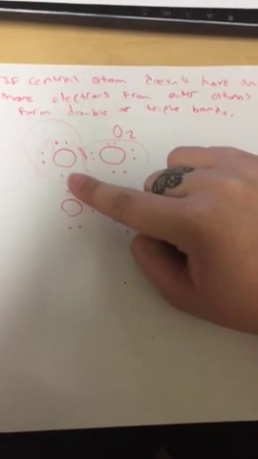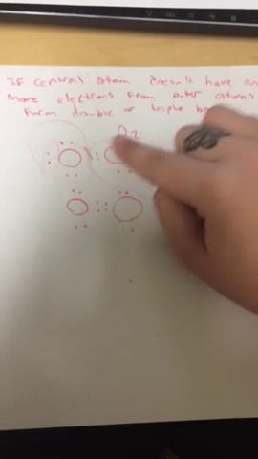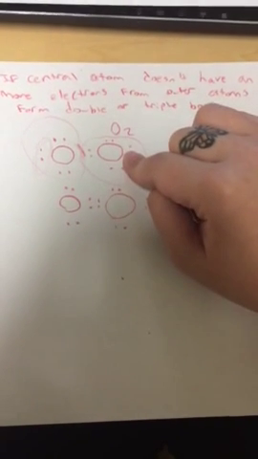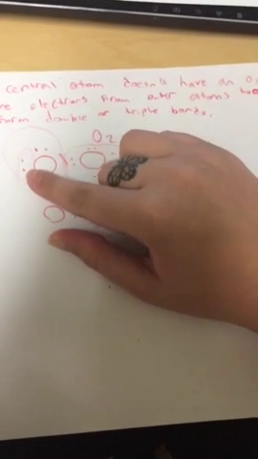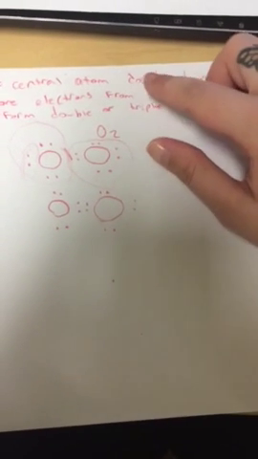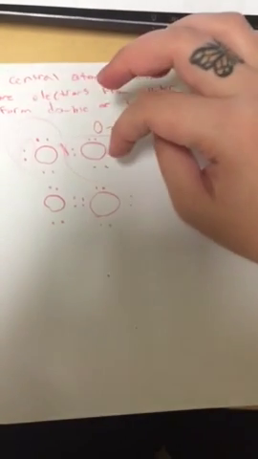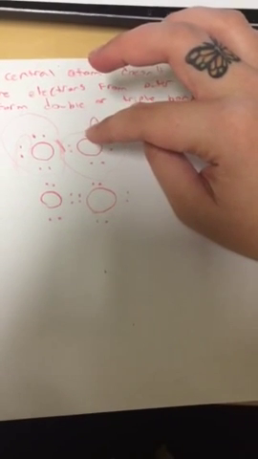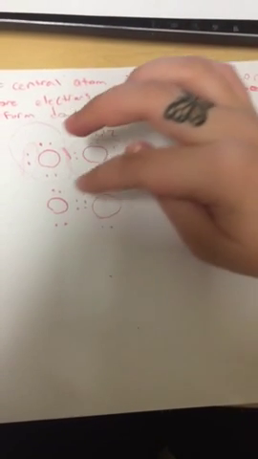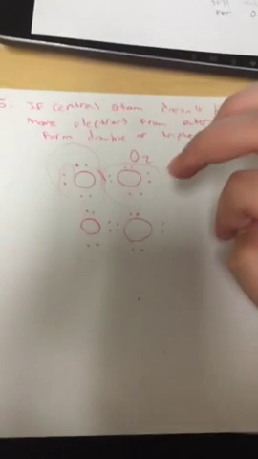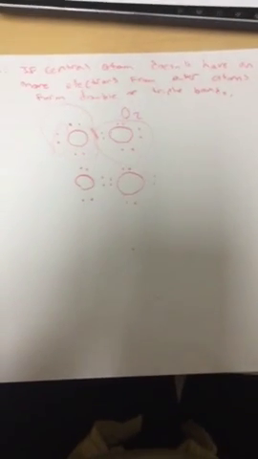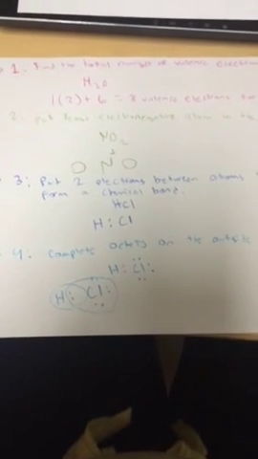So in this situation, where there's an octet on the right side, but only 6 over here, we would take 2 of the electrons and move them to the center so they can have an equal amount needed. And those are some easy ways to form a Lewis structure.